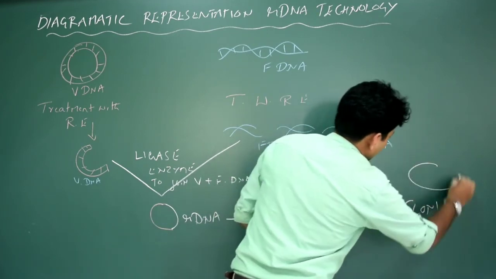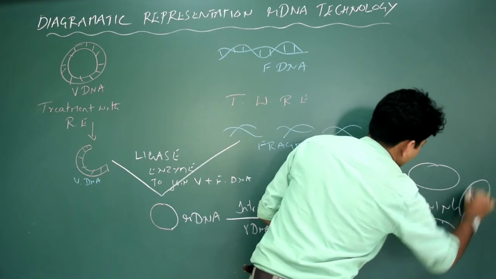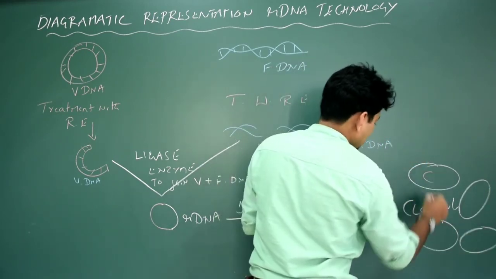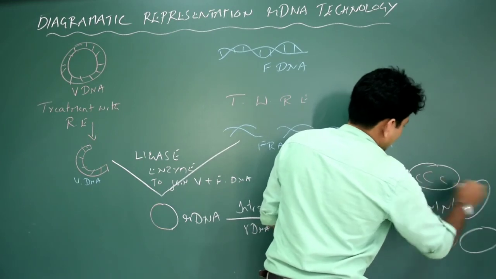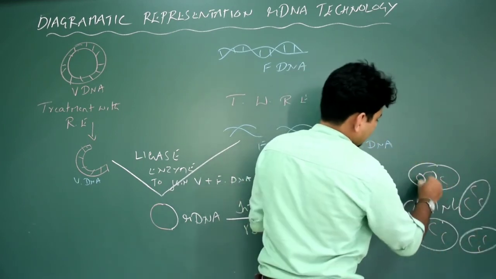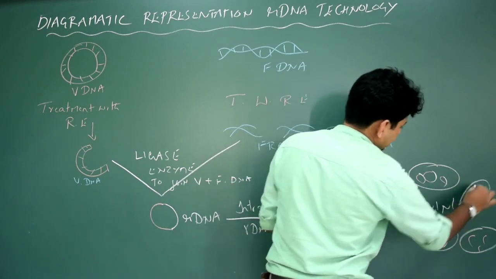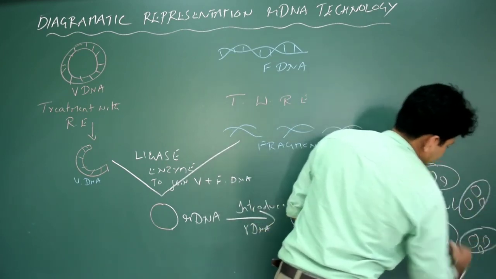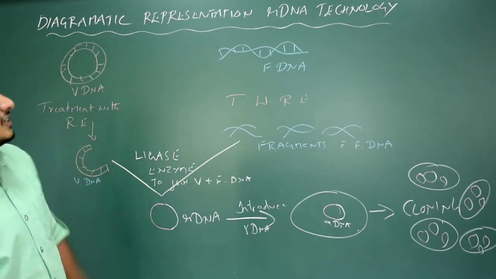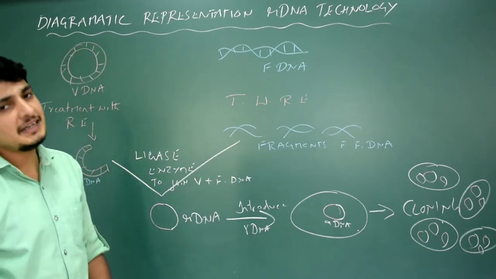What is cloning? You get multiple copies of the bacteria or the host cell containing multiple rDNA. Easy. Very easy, right? That's it. Hope you understood this. So this is the diagrammatic representation of rDNA technology.